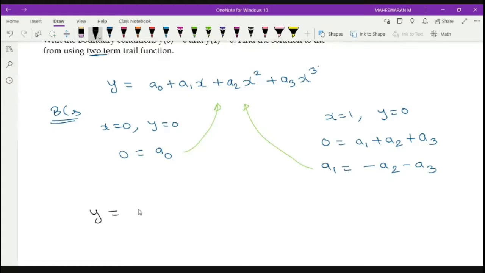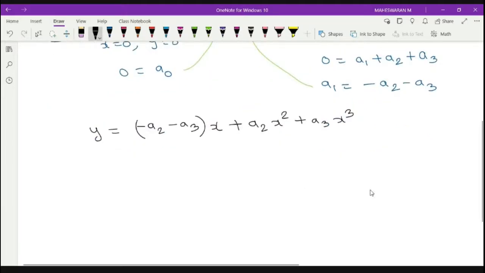A1 is minus a2 minus a3, so minus a2 minus a3 into x plus a2 x square plus a3 x cube. This is my term. I'm not going to change this in terms of a2 a3. No need. If you want, you can do that. Obviously, you leave it. Make sure you don't forget about the sign. So this is my trial function.